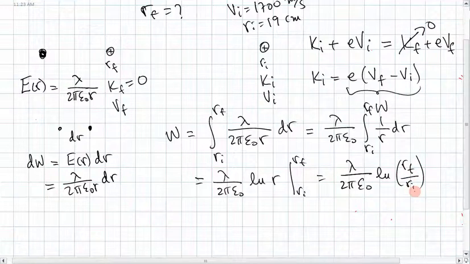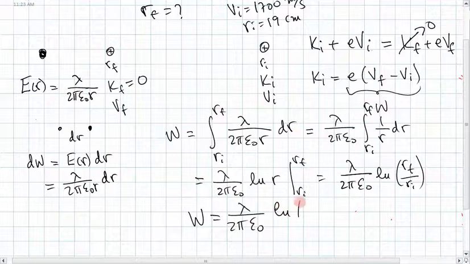So this is the work done by the electric field on the proton.